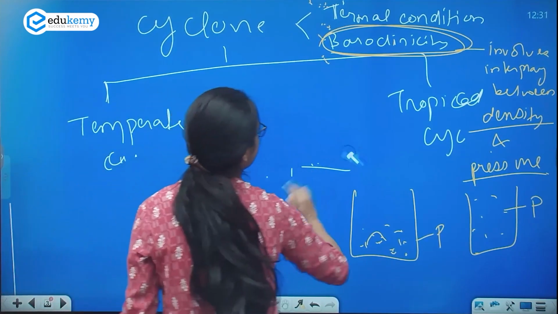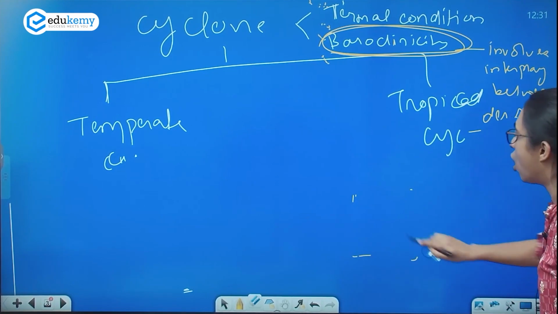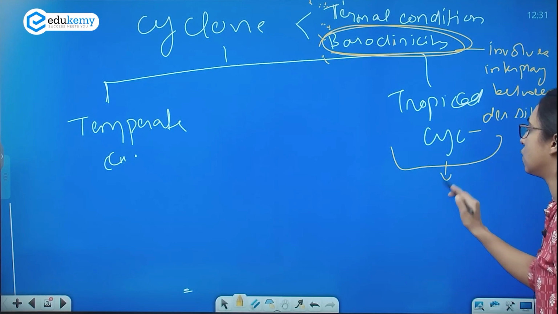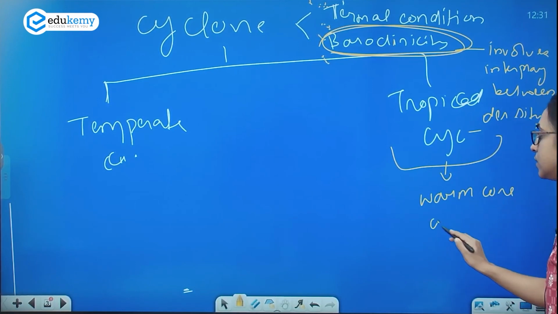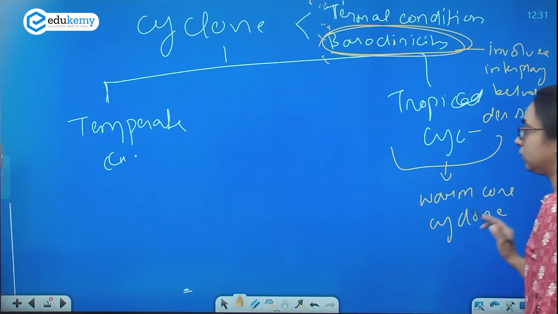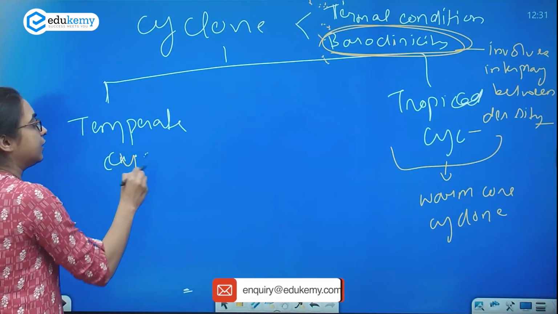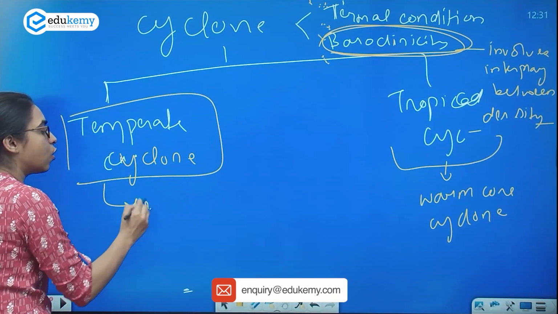We already know that the tropical cyclone is a warm core cyclone, and the temperate cyclone is a cold core cyclone.